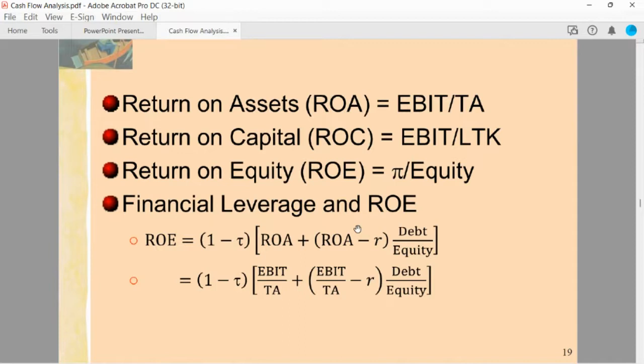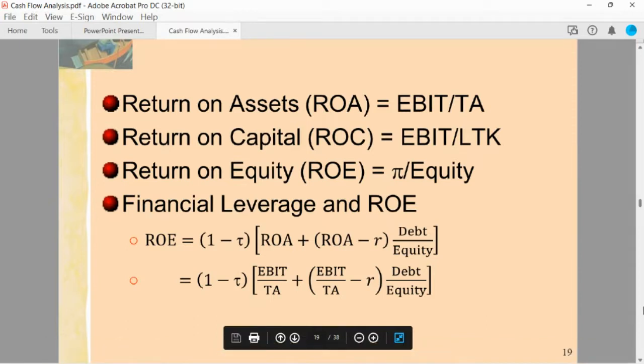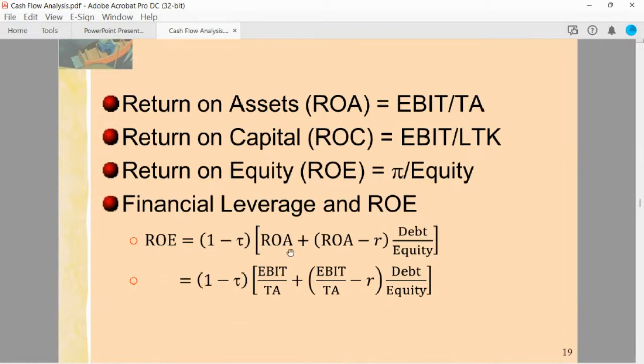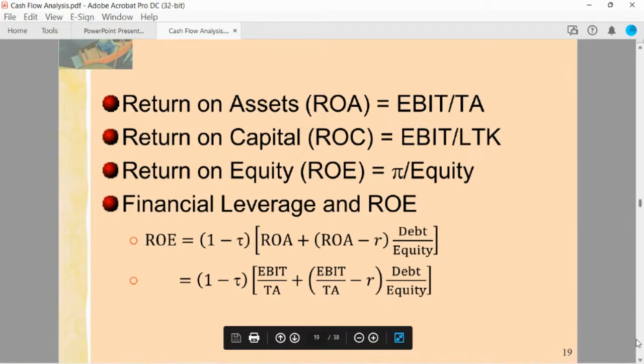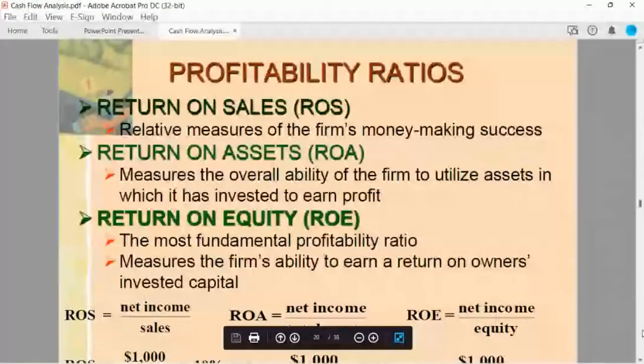So I'm going to come back to this because this is something to be discussed later. This is to show that as the leverage goes up, ROE will go up.